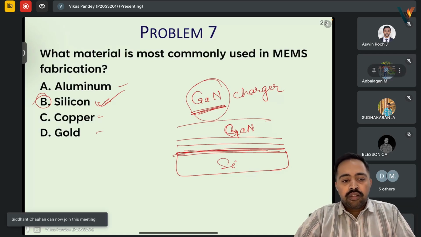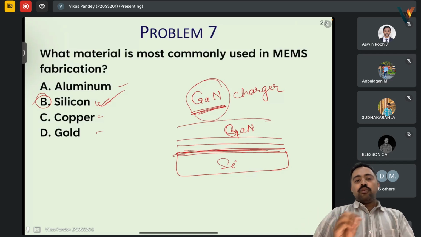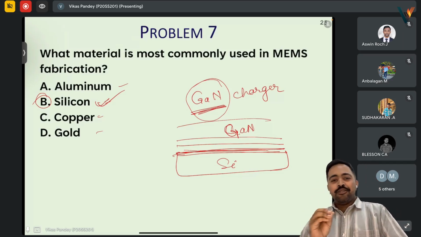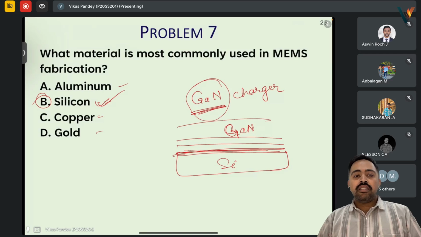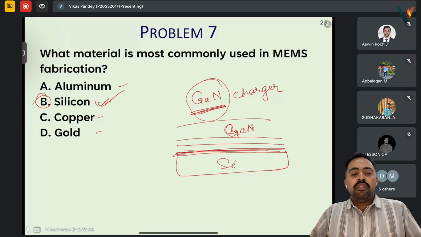Got it? There is no such reason that we are taking silicon only for this reason, but it is one of the most common, easily available.